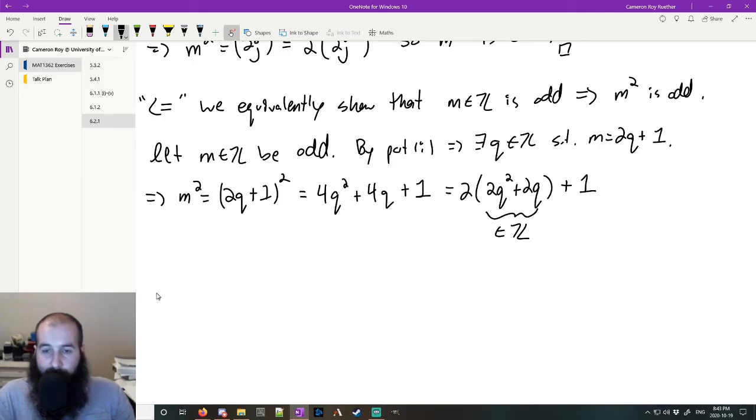Since part 1 was an if and only if, this implies, again by part 1, that m squared is odd. So since we've now proved that m being odd means m squared is odd, the contrapositive is that if m squared is even, then m is even, which is exactly what we needed to show in our converse direction, so we've proved our statement in general.